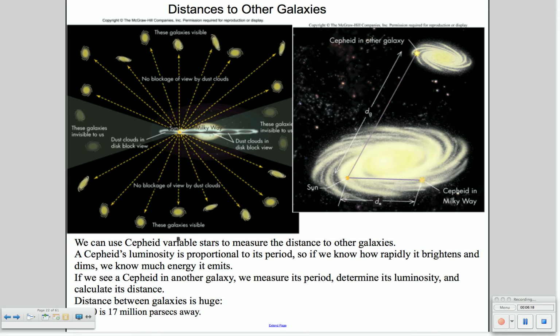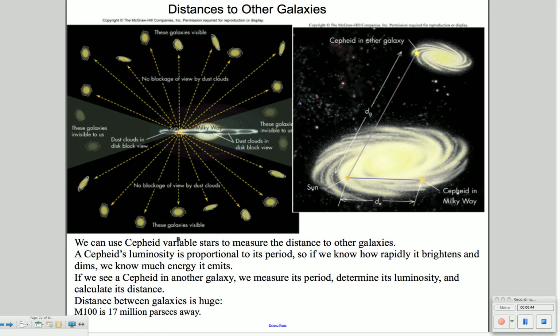A Cepheid's luminosity is proportional to its period, so if we know how rapidly it brightens and dims, we know how much energy it emits. If we see a Cepheid variable, we measure its period, determine its luminosity, and calculate its distance. And the distance between galaxies is huge.